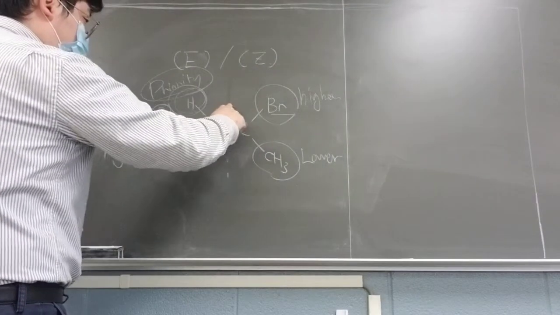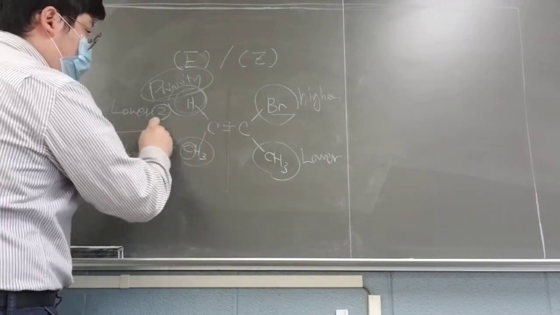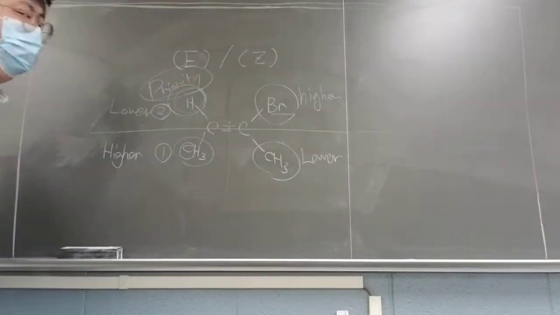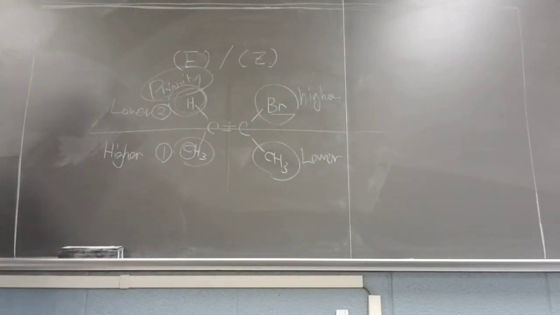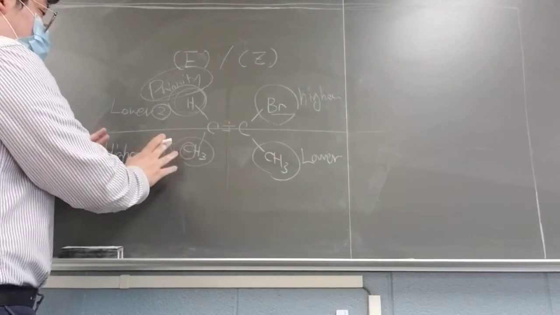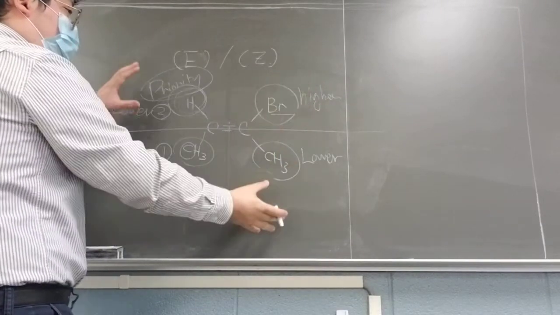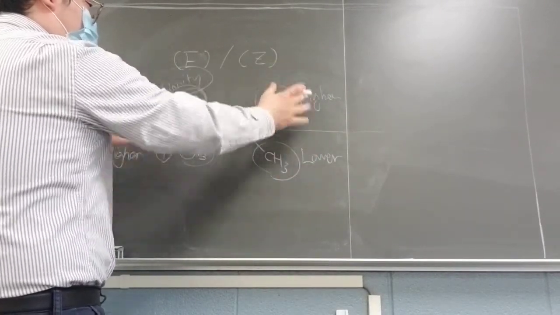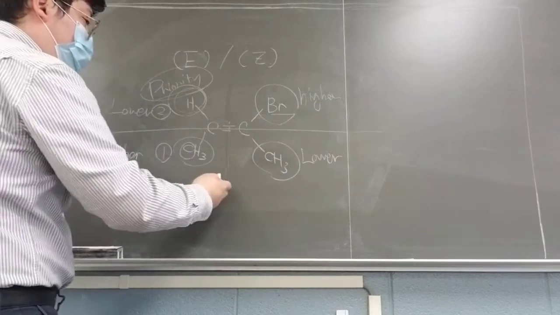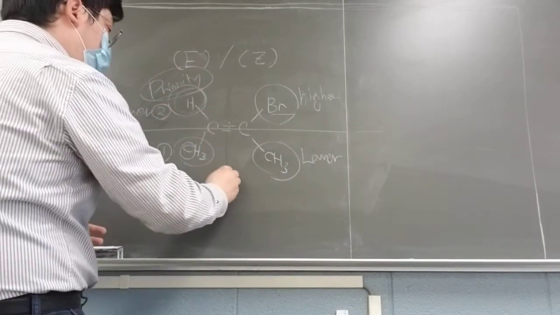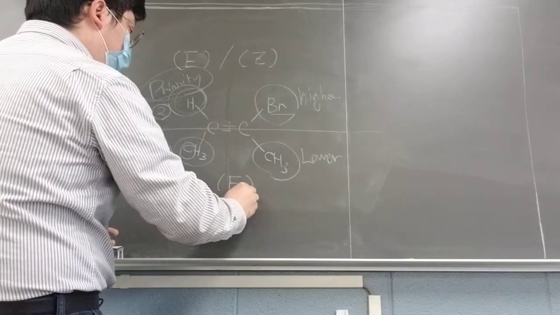Now you're done with the prioritizing, and you just do the same as you did for cis and trans. If you have higher groups and higher groups, or lower and lower, on the opposite side, that is like a trans form, and then we call it the E configuration.